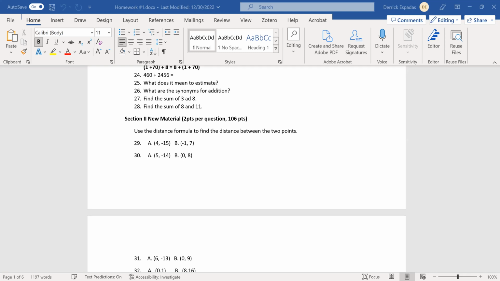Right, x2 minus x1 is going to be 9 minus 1. And then y2, 17 minus y1, just 2. So 9 minus 1, that is 8. And 17 minus 2 is 15.